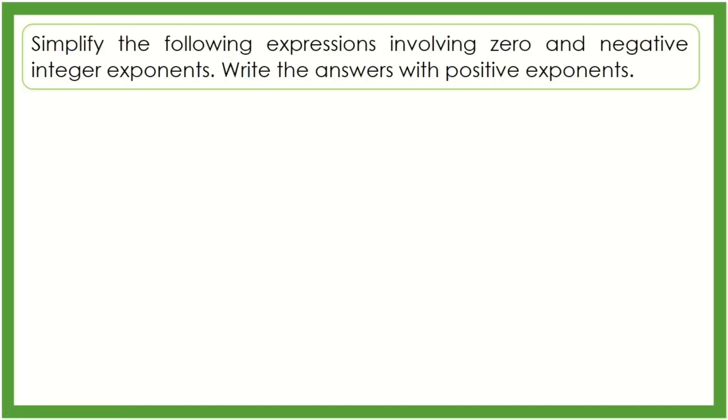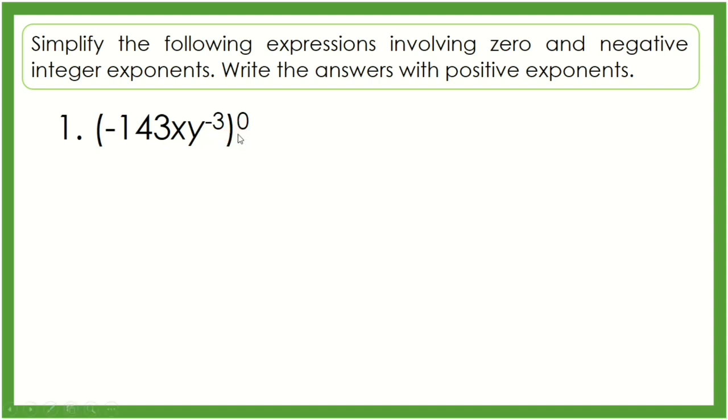Let us have more examples. Simplify the following expressions involving 0 and negative integral exponents. Write the answers with positive exponents. Okay, number 1, quantity of negative 143 x, y raised to negative 3 raised to 0.